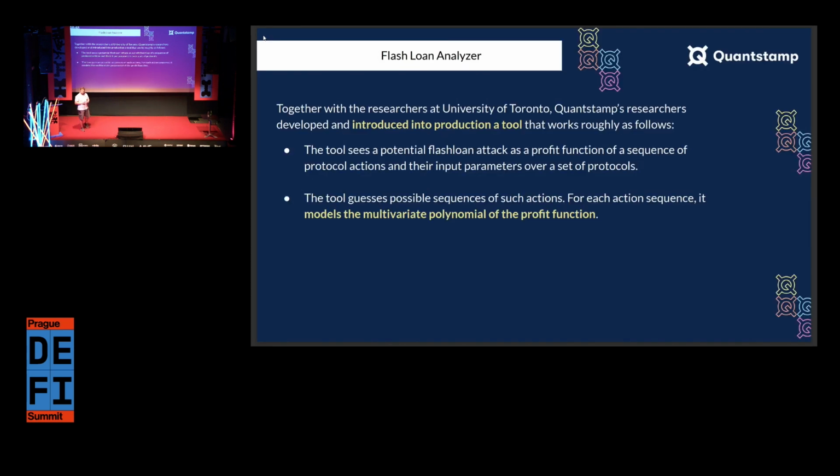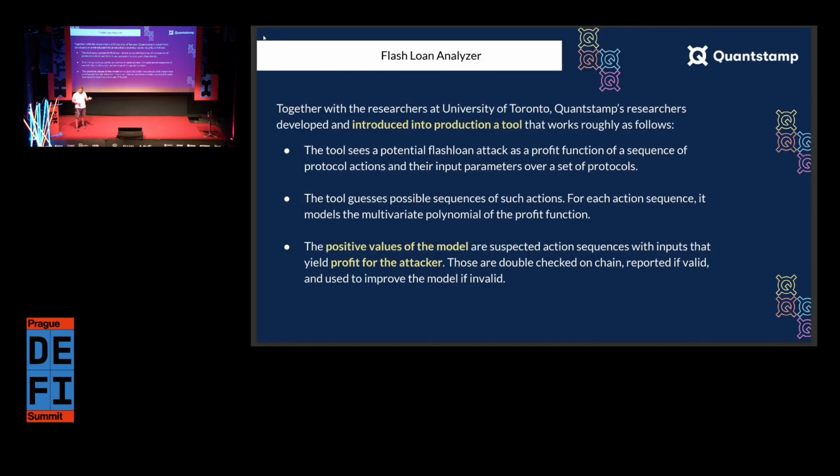And then this tool essentially guesses sequences of such actions, and for each such action sequence, it tries to create, using some numerical analysis, a model of this multivariate polynomial that expresses the profit function. And then it evaluates that polynomial, looks for spots where we have some local maxima, right? And if those are positive, it actually checks on-chain whether the attacker really receives the profit.